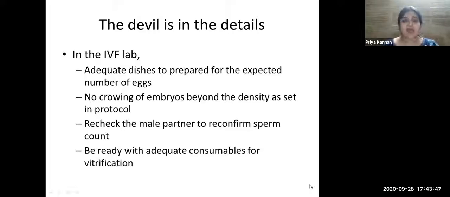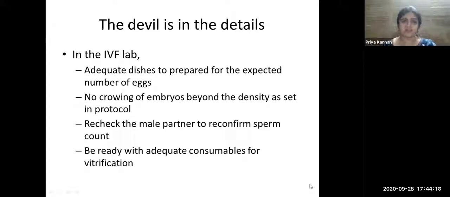In that case, I'm going to land up with 30 eggs in my hand with such low counts of sperms that I may not find the number of sperms required to do the ICSI. So whenever there is a high oocyte yield coming through the IVF lab, we always have to make sure that we have adequate backup, or adequate information on how to obtain the sperms from the male partner.